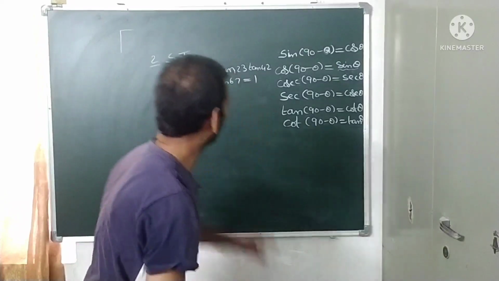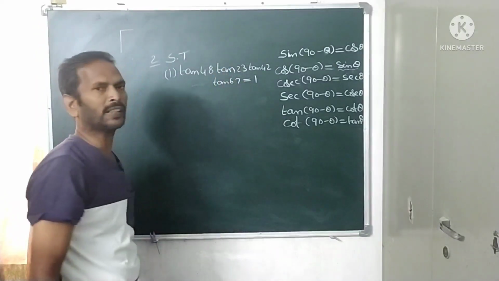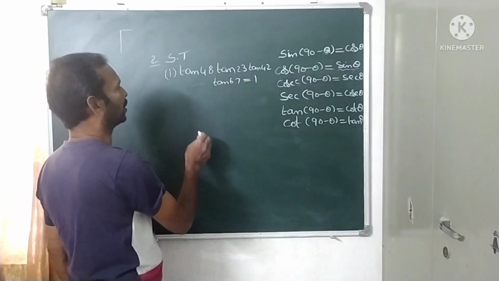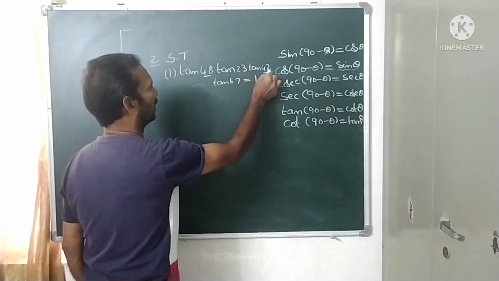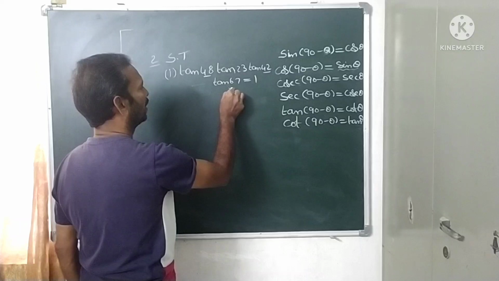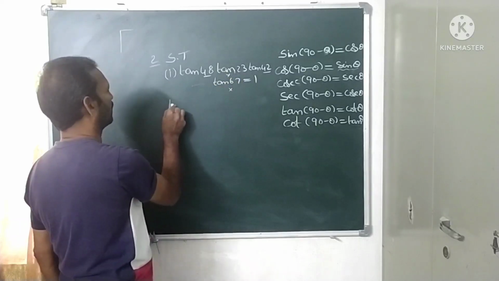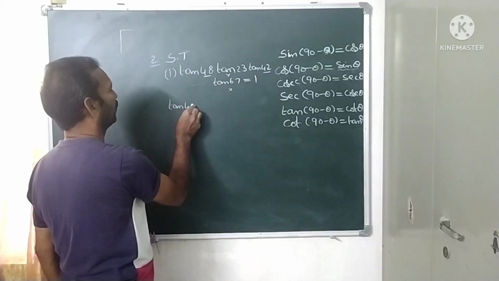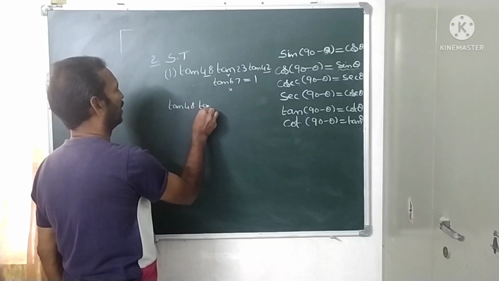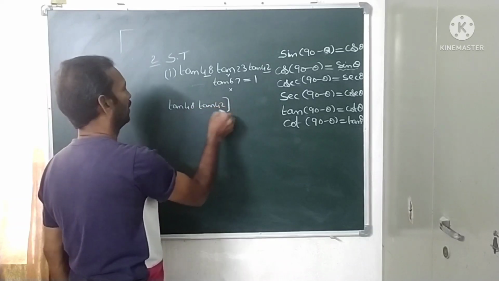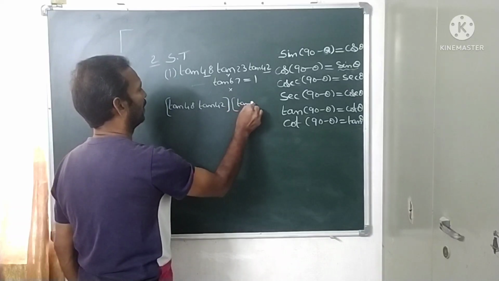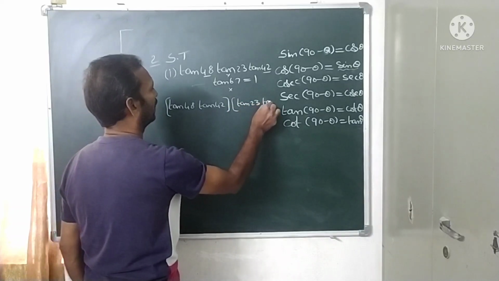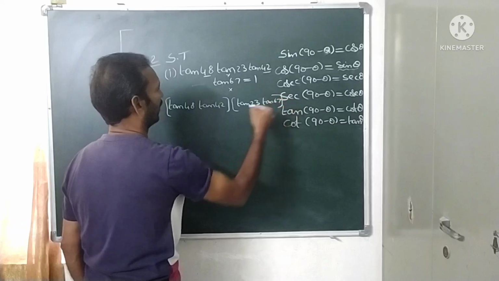Here four terms are there, so make them into groups. Which two add up to 90, take those two as one group. 48 and 42 make 90, that is one group. So tan 48 into tan 42 is one group, and tan 23 tan 67 is the next.